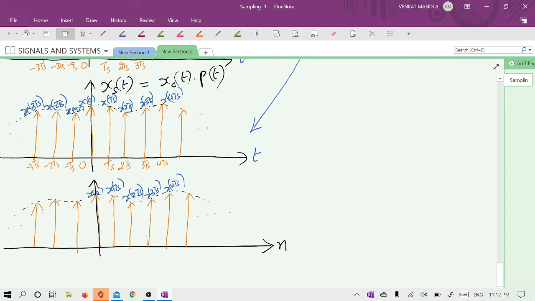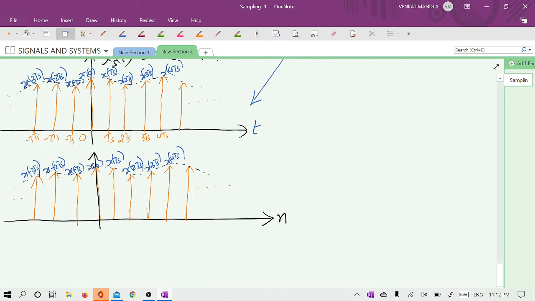This is x of 0, x of minus ts, x of minus 2ts, x of minus 3ts. What I will change is: I will map 0 to 0, ts to 1, 2ts to 2, 3ts to 3, 4, 5, minus 1, minus 2, minus 3, and so on. So now it is in discrete time.